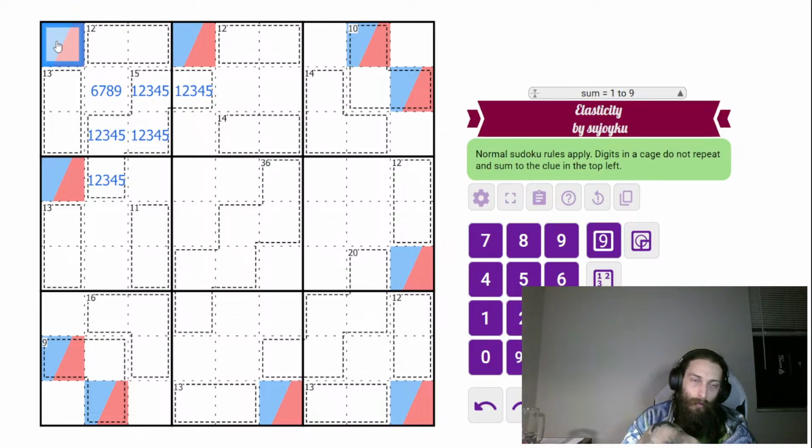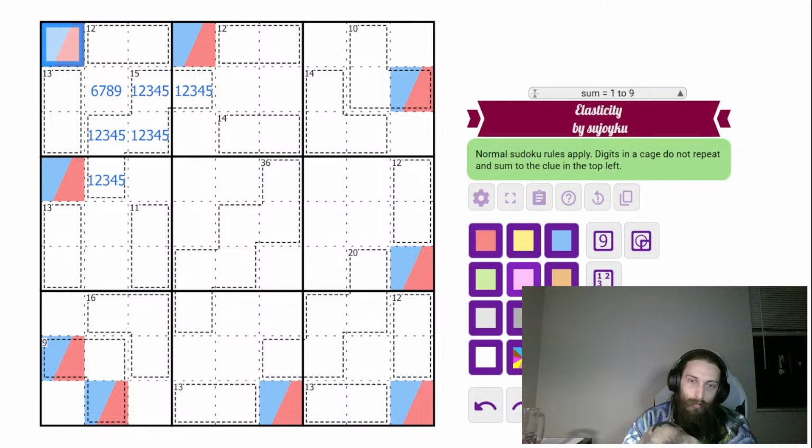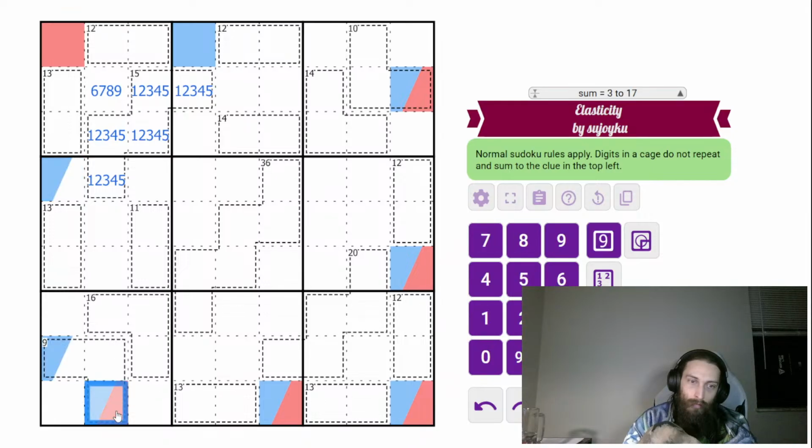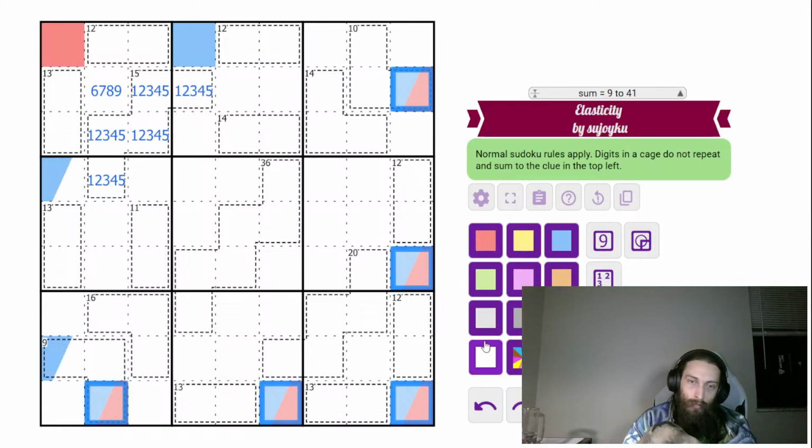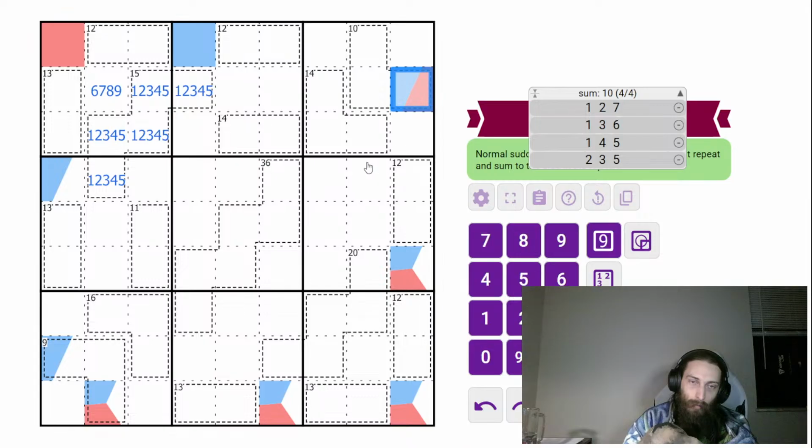Can this one be 1 or 2 at all? Not if they're both in here. But if I did that, that would have to be 1 or 2.